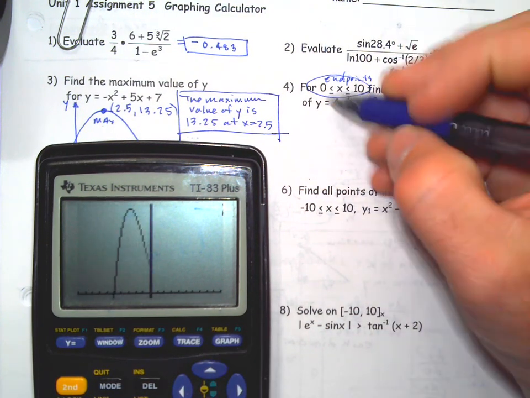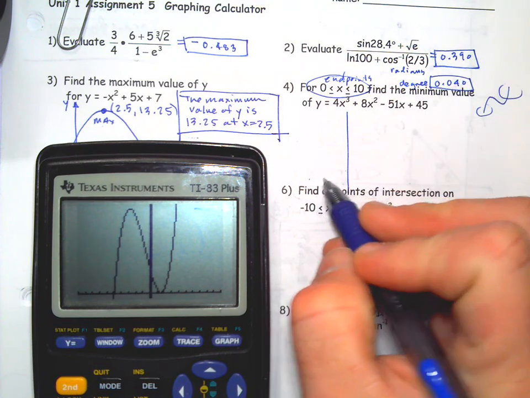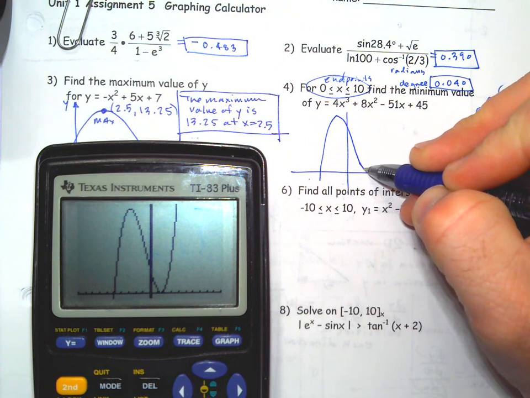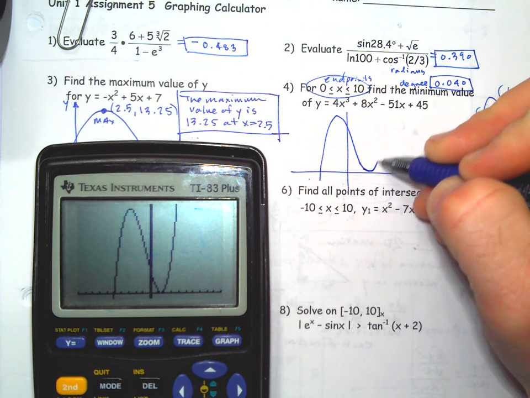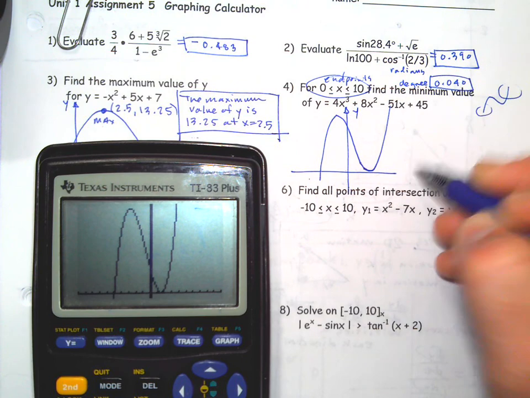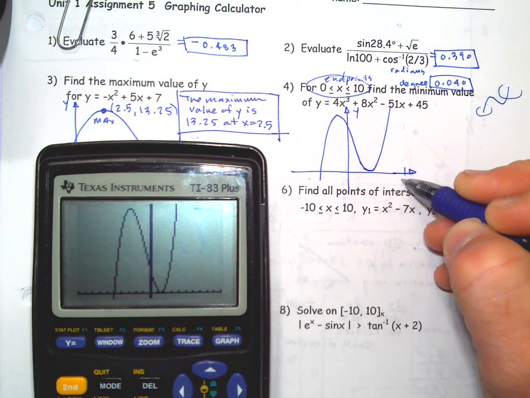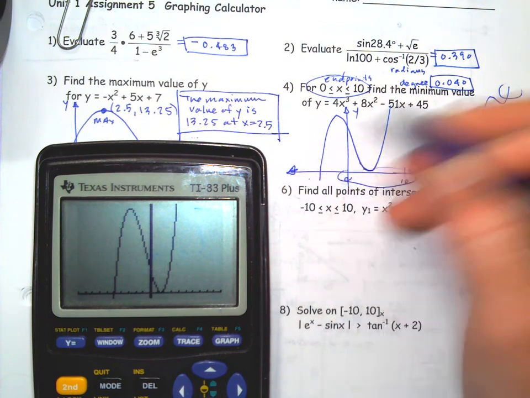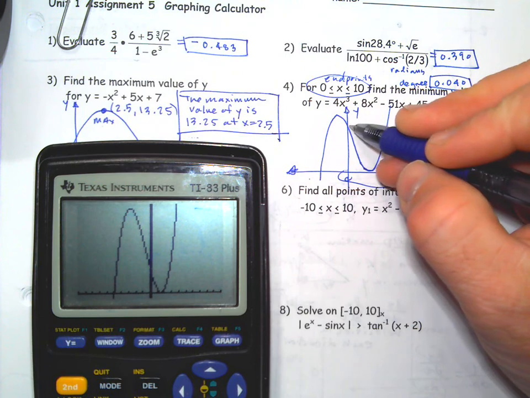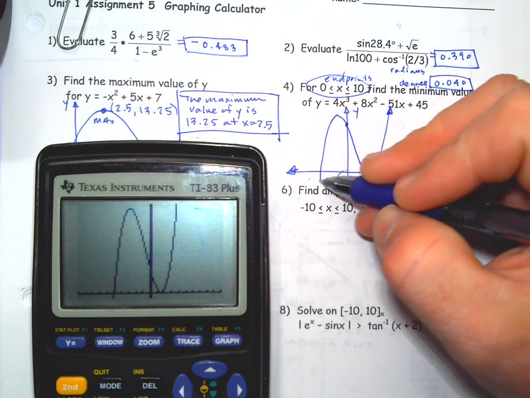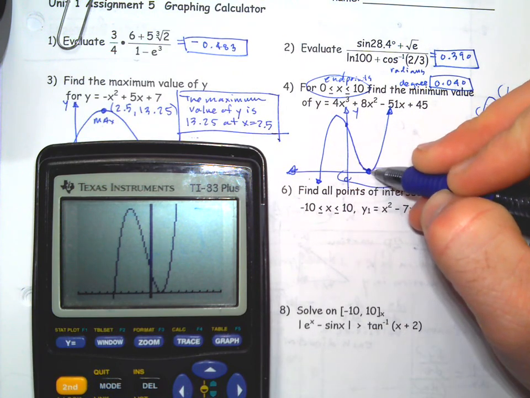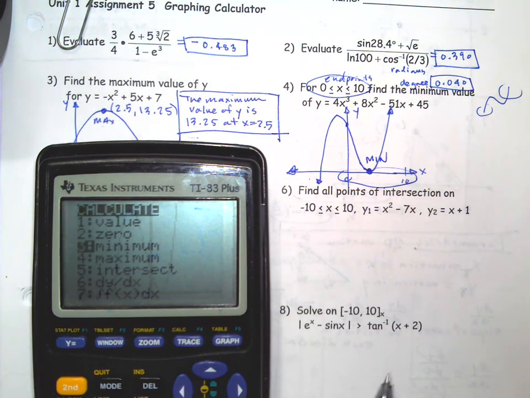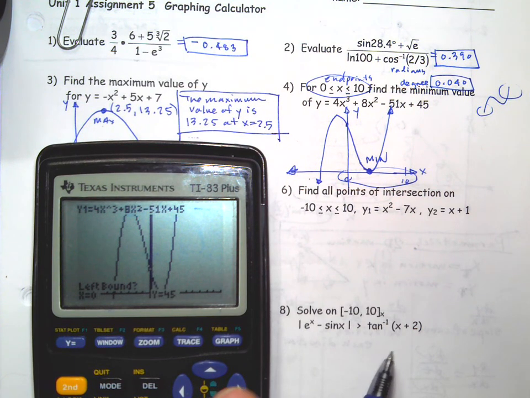So I'm going to go ahead and do a sketch of this. The graph goes like this, and then, I don't know, it looks like it might hit the axis, but we're really concerned with 0 to 10 only. So between these endpoints, and this goes up forever, this looks like it's the minimum point, right? So use second calc, minimum. It looks like, I mean, we could do this.